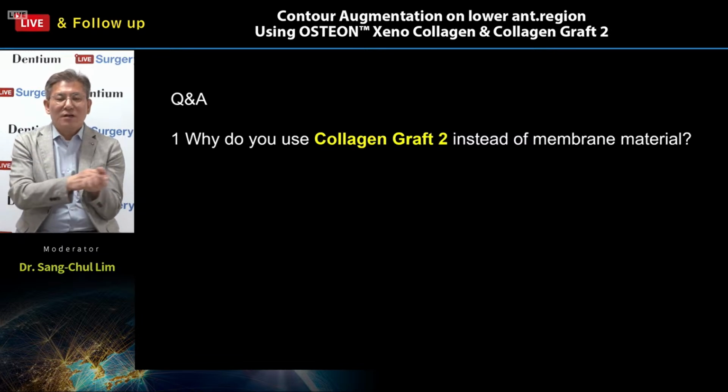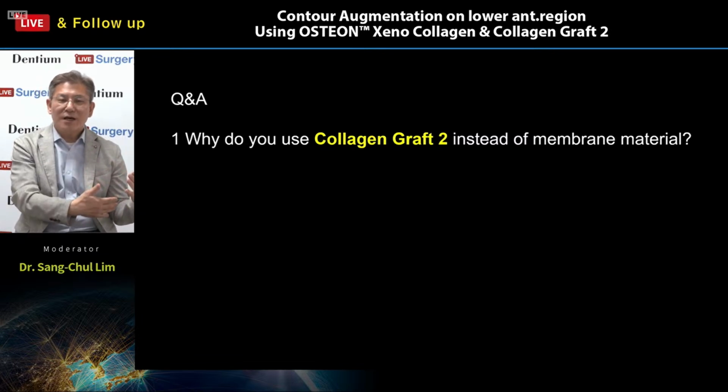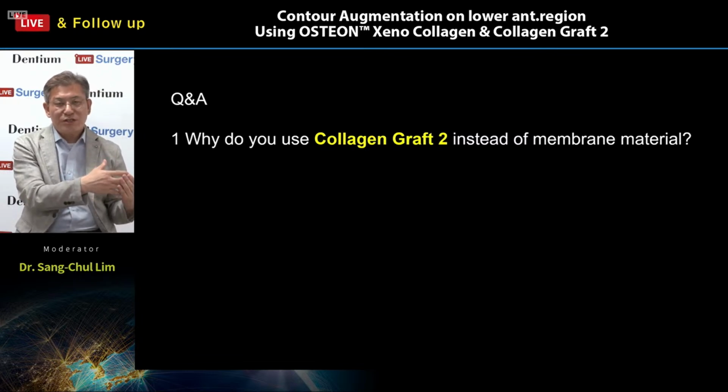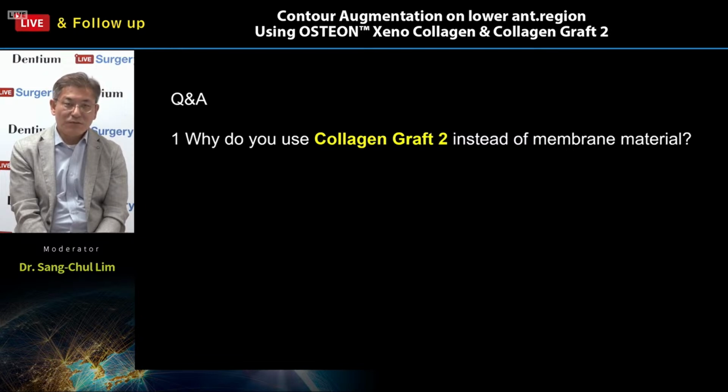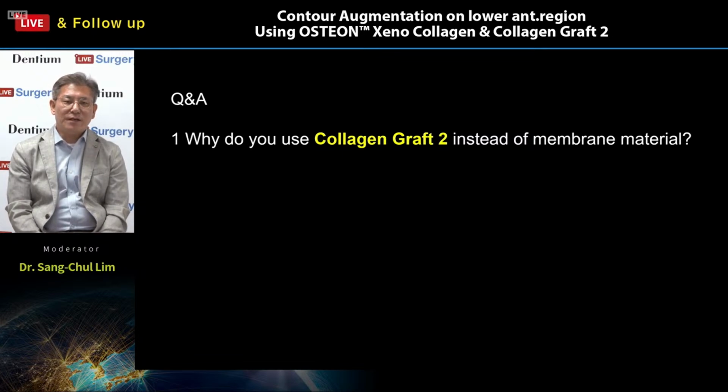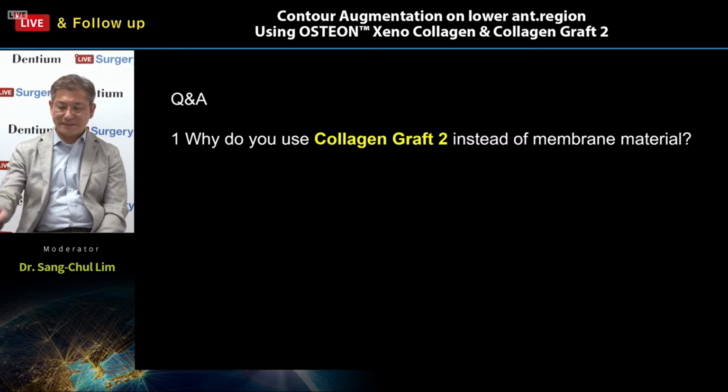However, sometimes with a hybrid type or a modified style of bone grafting, GBR procedure and bone augmentation, including the volume-up and contour augmentation concept, you will use this collagen graft 2 to give a high beneficial effect compared to just a simple collagen membrane, right? That is my answer. Okay.